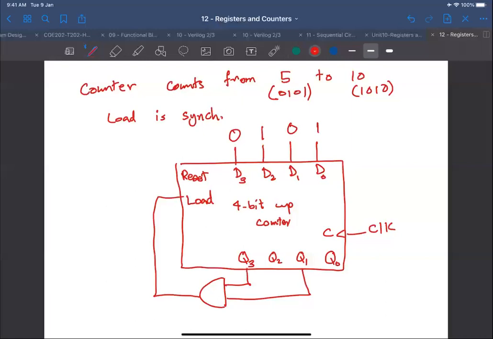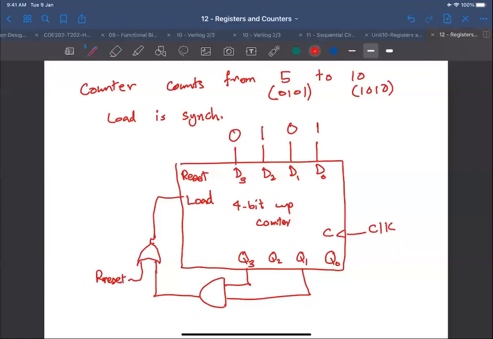Let's say that I have a preset input, in which when it is 1, I will load the initial count. So if preset is 1, or I detect 10, then I'm going to load 5 in the next clock cycle. Do you see that?